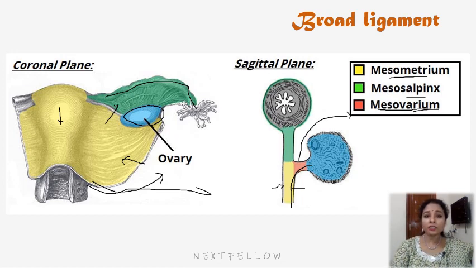And ureters usually lie at the base of the broad ligament, posterior and inferior to the uterine artery. And also the broad ligament contains some nerve plexus and the lymphatic vessels. So these are the contents of broad ligament.